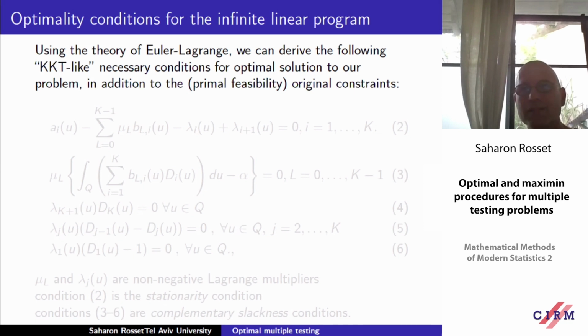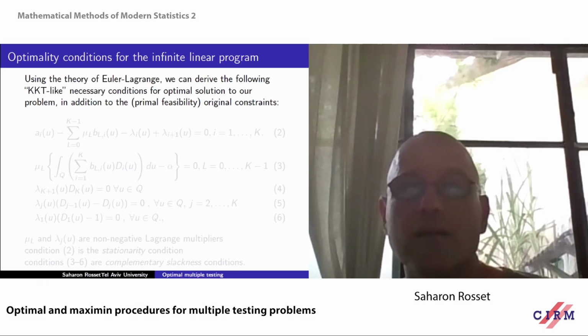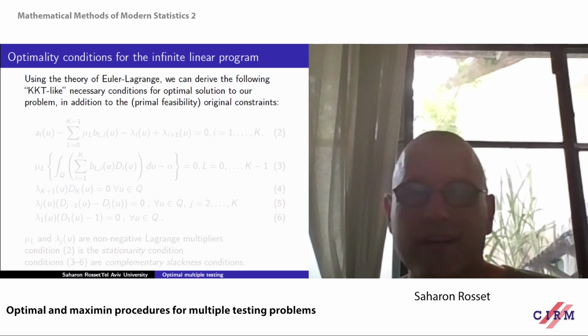When we apply it to this infinite linear program, what we get is a set of conditions that look very much like the KKT conditions for the finite case. I'm going to show them, but not really dwell on them.